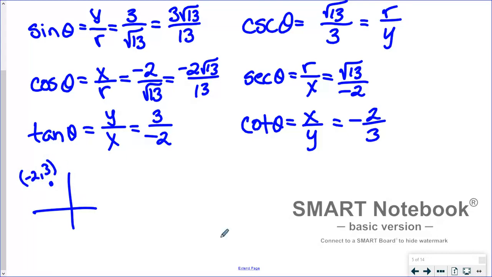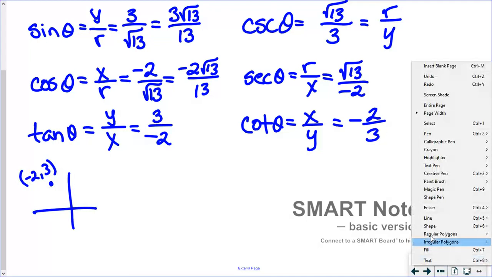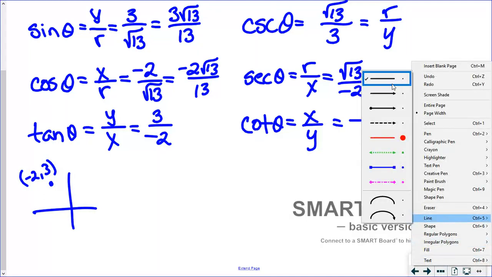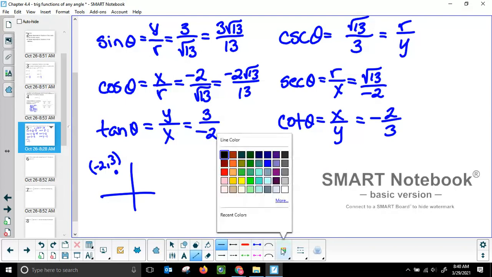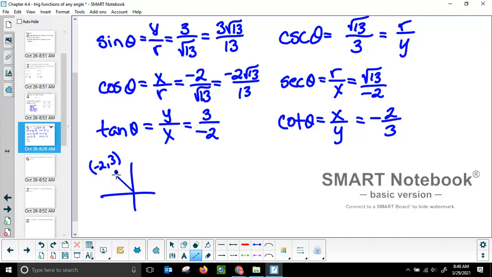If we just make our line here, our angle theta is actually this angle right here.